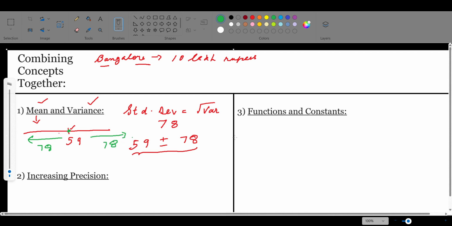Now have a look at this. This is your prediction that the cost of this new house that you have found in Bangalore could be 59 plus minus 78. These numbers, if you calculate, are around 158 values that are possible. That is the main prediction that you can make using these two tools. And these are so many values.